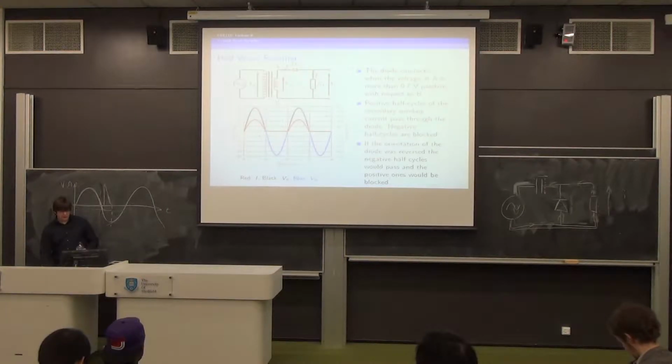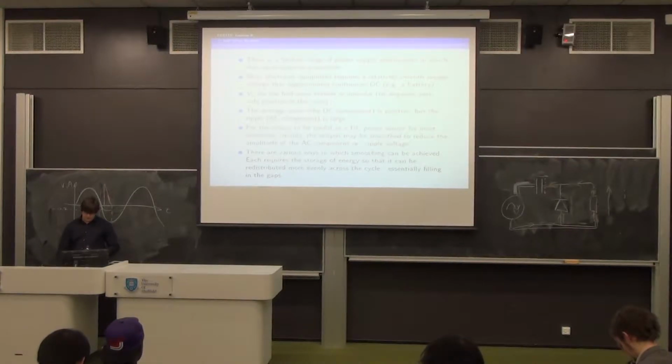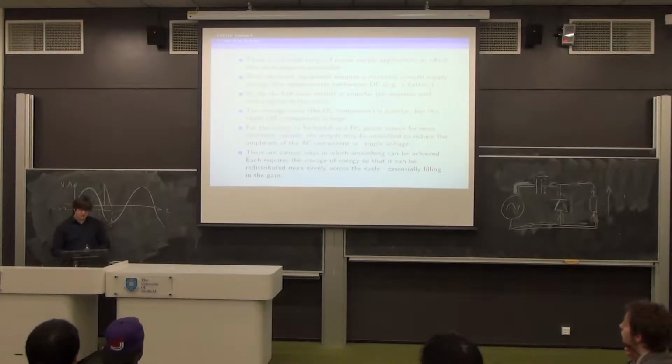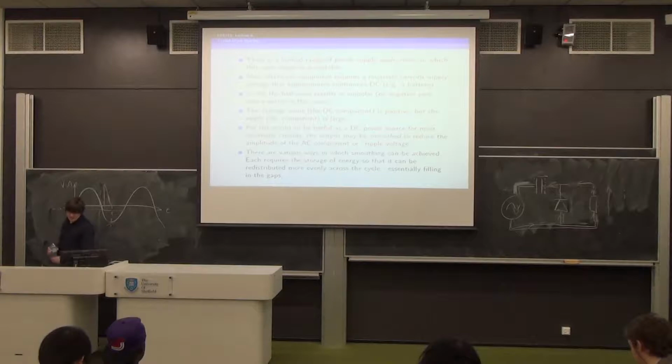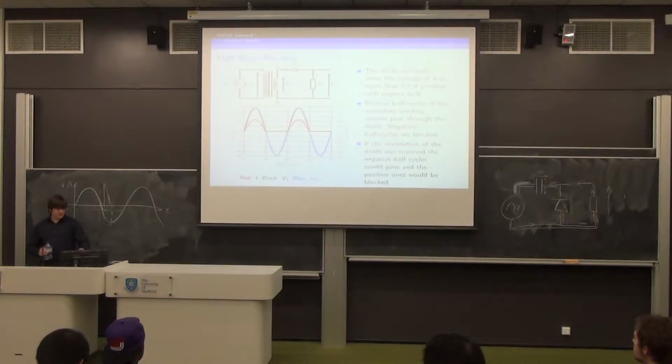Now we can add something to this to try and smooth out the current. Now, hang on, I've got to say some other things first. So, yes, the wave shape is unacceptable, which is broadly what I've just said. And realistically, we'd like DC all the time because there is a period between 10 and 20 milliseconds and also between 30 and 40 milliseconds where there is no output voltage at all.